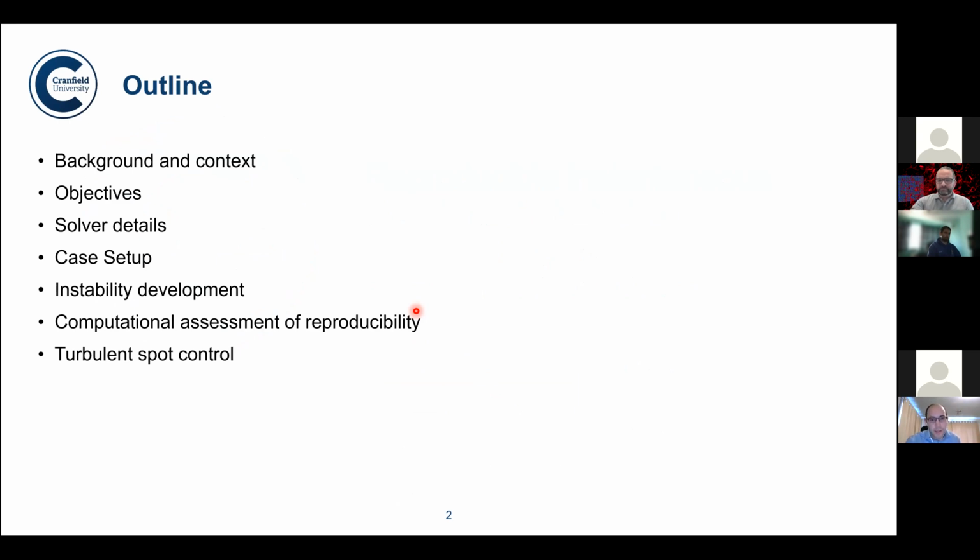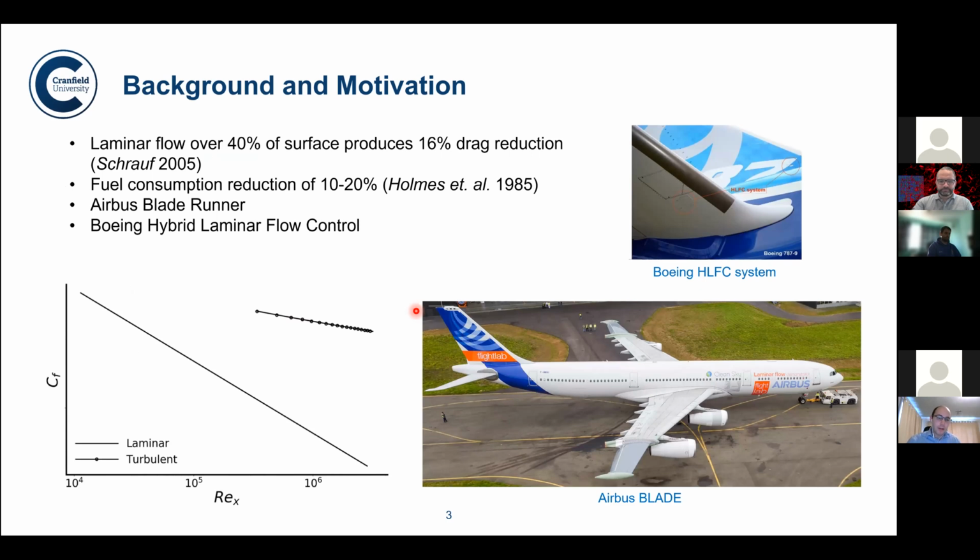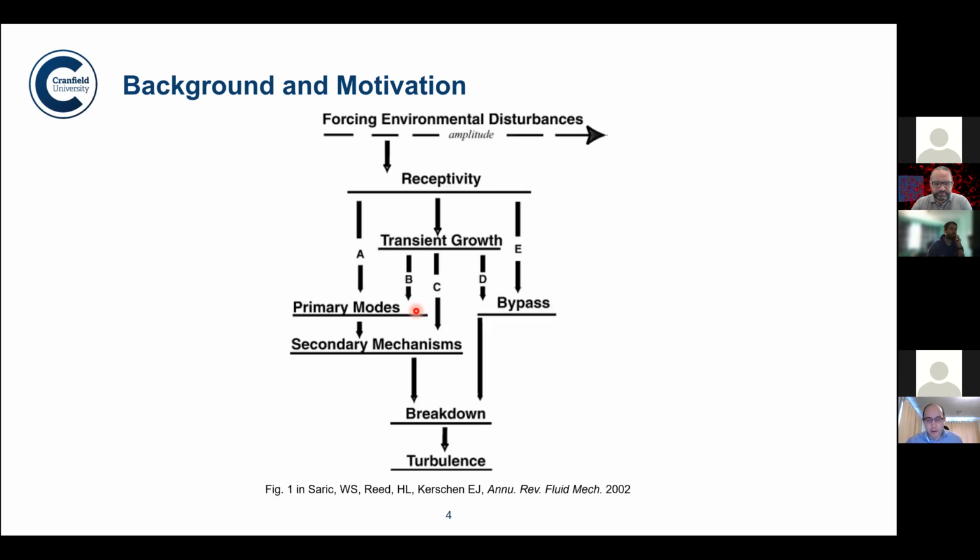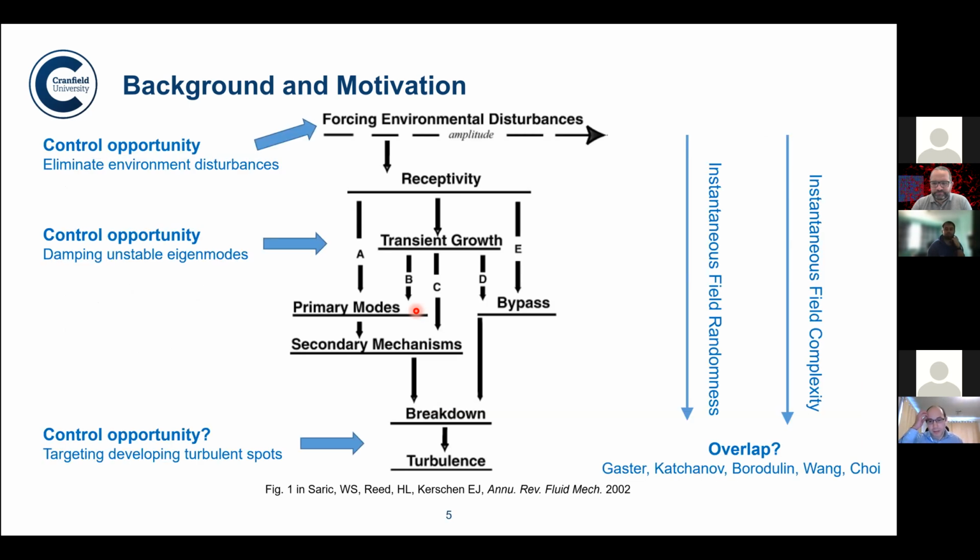The main incentive behind the work is flow control for drag reduction, which is a very active area for the main manufacturers, and also for business jets and other applications where skin friction tends to dominate the drag profile. There are many ideas about how to take advantage of that.